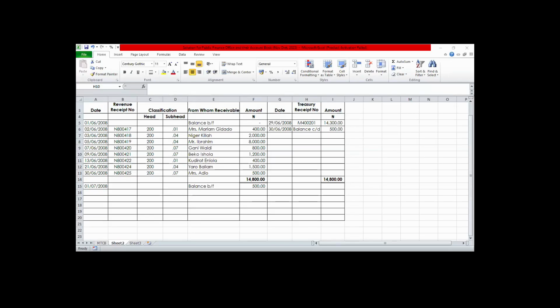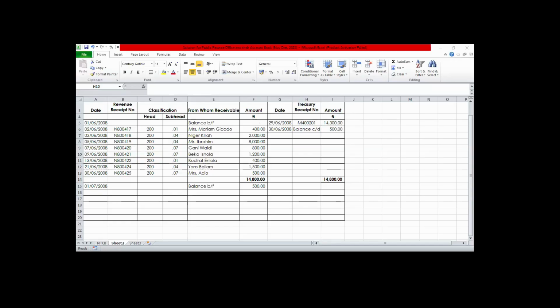November 16, Olamide ledger account, 10,000 naira. November 17, waste paper basket, 600 naira. November 18, purchase of stationery, 4,000 naira. November 19, purchase of engine oil, 1,000 naira. November 19 again, toll gate fees, 80,000 naira. November 21, Aruna ledger account, 12,000 naira.